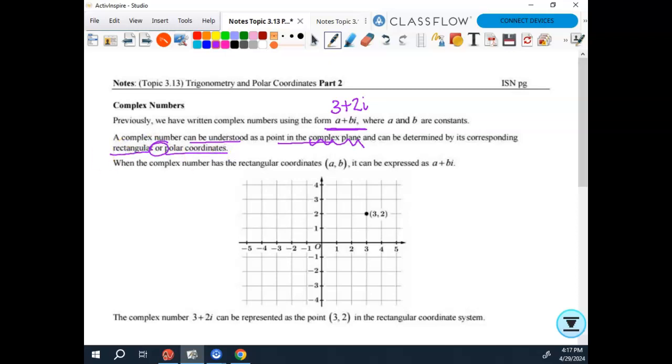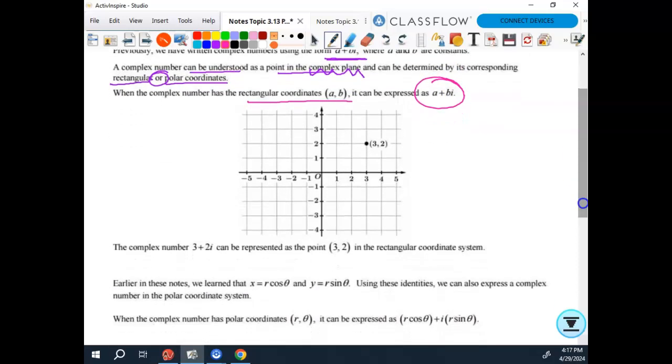When the complex number has the rectangular coordinates a, b, it can be expressed as this. So here's this point 3, 2, which just looks like a normal old point that we are used to. However, our axes are not x and y like we are used to. Instead of this being x, this is the real axis. And instead of this being y, this is the imaginary axis.